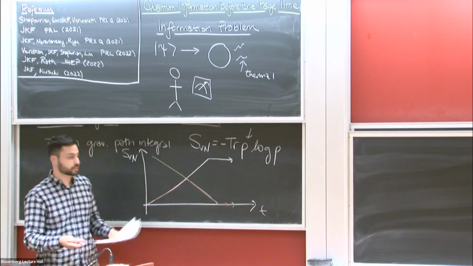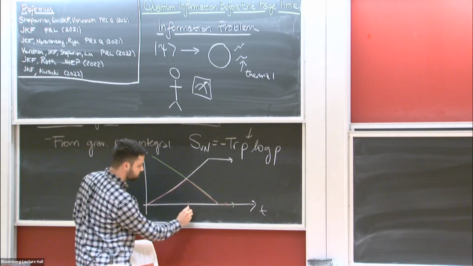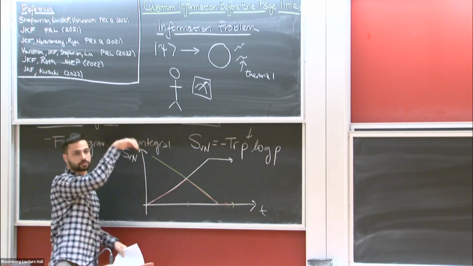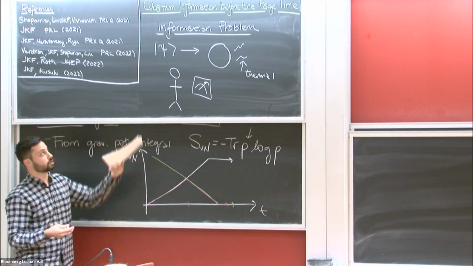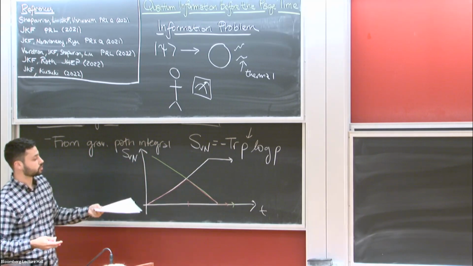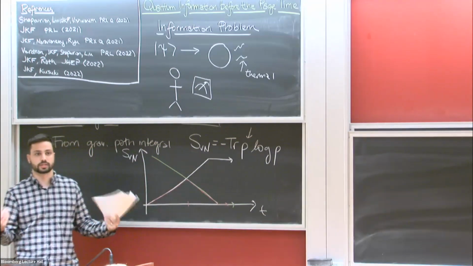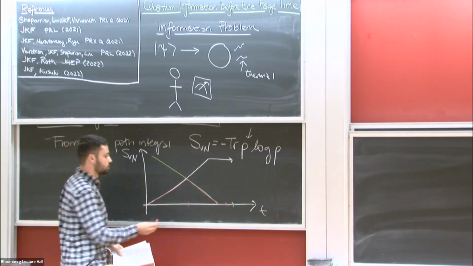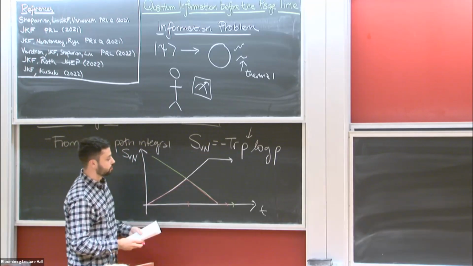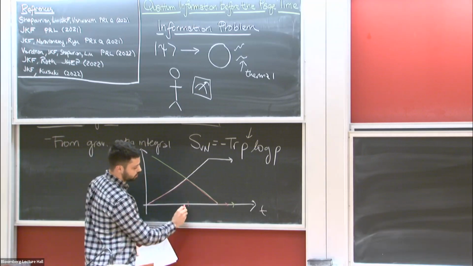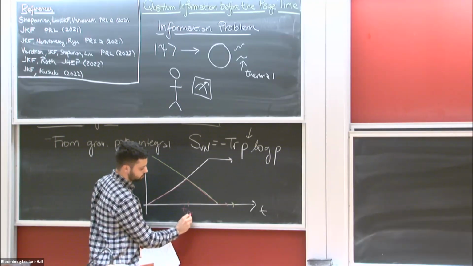There's one very important time in this picture, which is when this dip starts to happen. This is when the radiation starts to not look perfectly thermal anymore, and starts to purify itself so that its entropy starts to go down. This is when the radiation entropy equals the black hole entropy, and this is called the Page time.